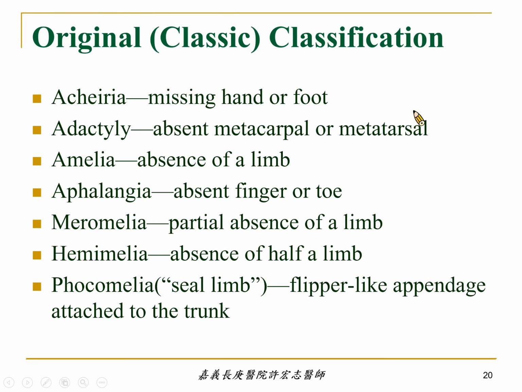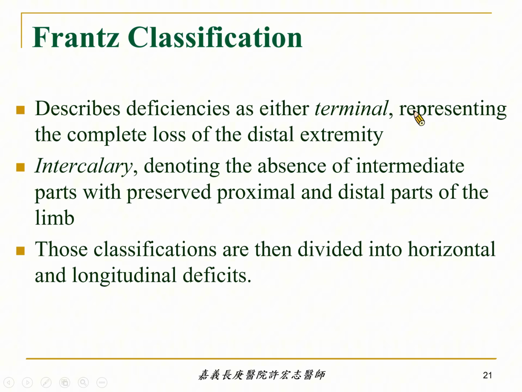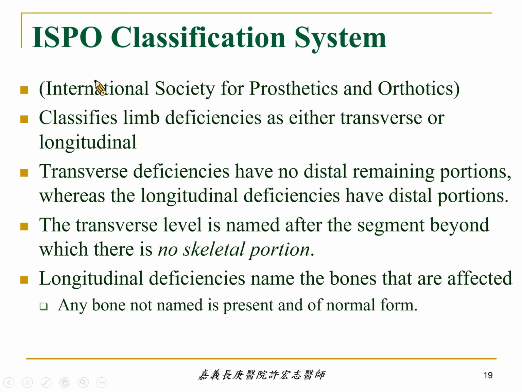For example, if the book is old enough, you can see the classification is often the classical, the original, like this one. And if you are reading textbooks from European countries, you will notice that they are using the French classification. But nowadays, we are using the ISPO classification system.